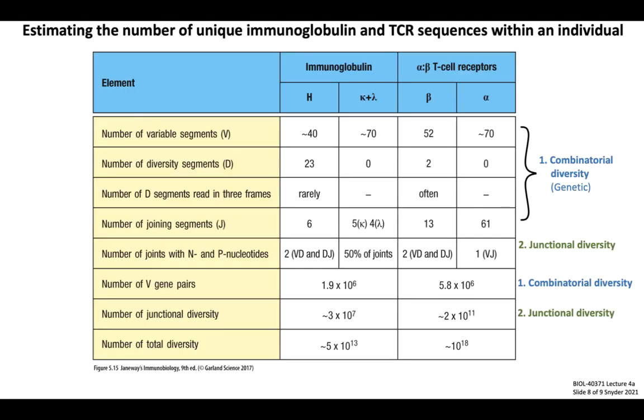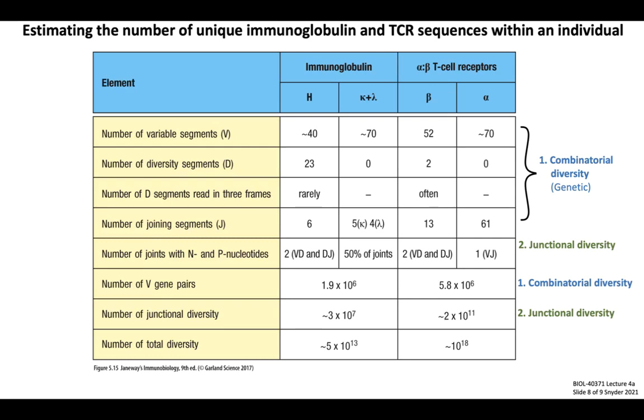This has been a really dense lecture, but I don't want you to get too bogged down in the molecular details of lymphocyte antigen receptor structure and generation. So let's refocus the take-home message of this lecture with this final chart, which summarizes the contributions of each of these mechanisms to antigen receptor diversity.